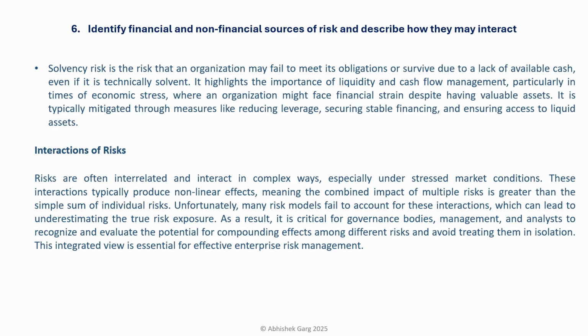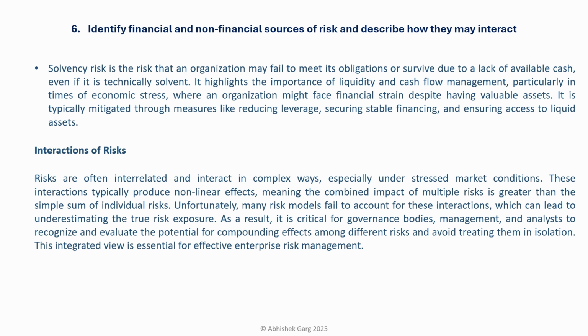Let's say an organization faces a 5% counterparty risk and a 5% market risk. If the market declines, the risk is 5%. If the counterparty fails, the risk is 5%. But let's say the counterparty is failing at the time the market is falling.